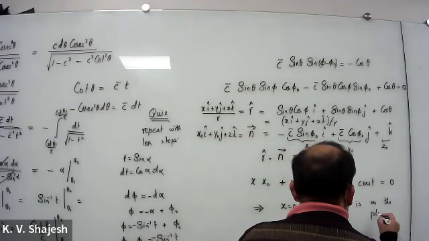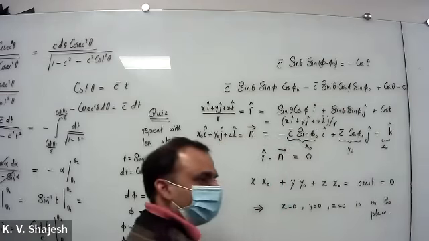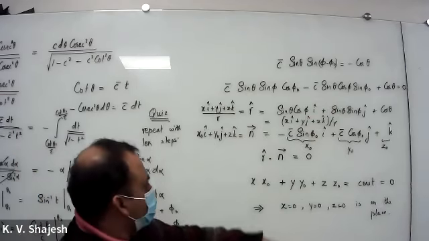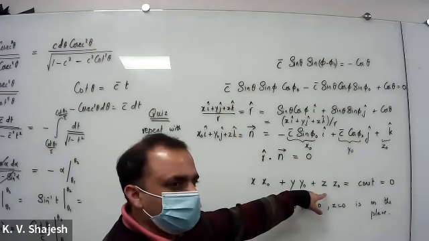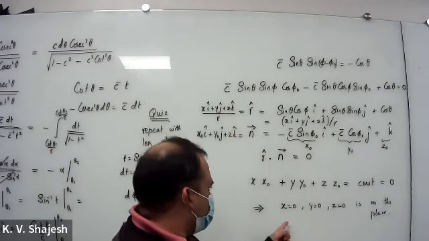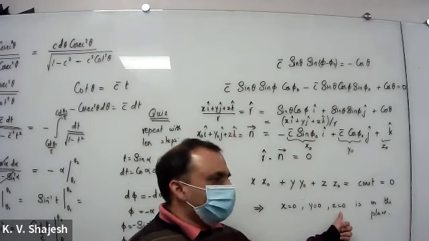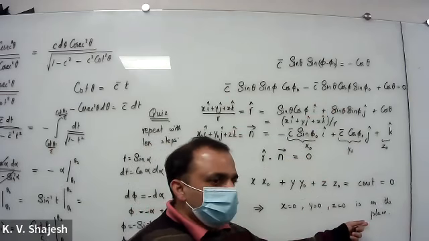That's the only important piece you want to capture. That's your solution, but I rewrote that equation as an equation of a plane and concluded that this point, x equal to 0, y equal to 0, z equal to 0, is on that plane.